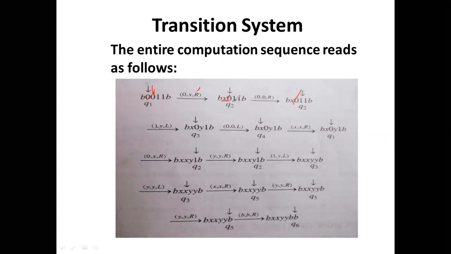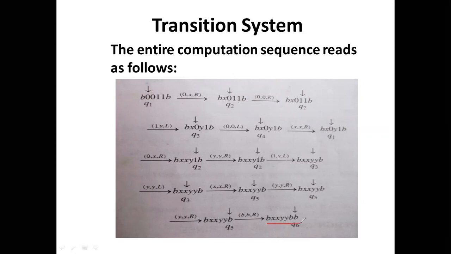Now the current position of the read write head is 1. So the corresponding alpha is X0, and gamma is 11, and the state is Q2 in that instantaneous description.